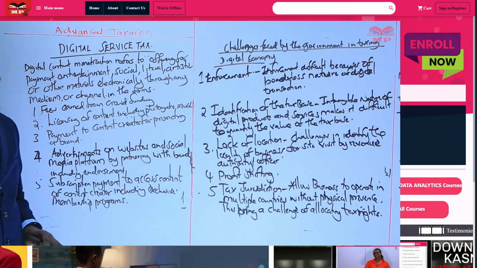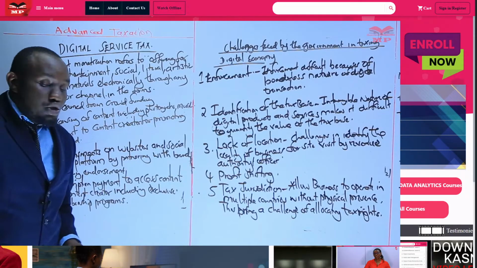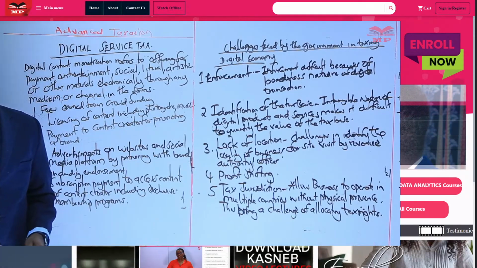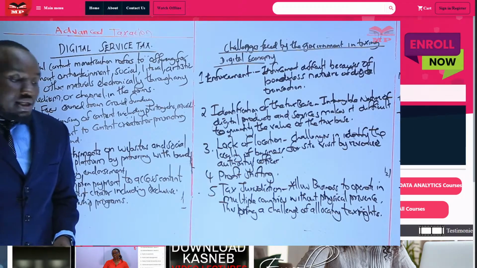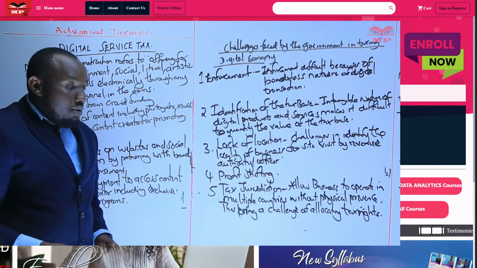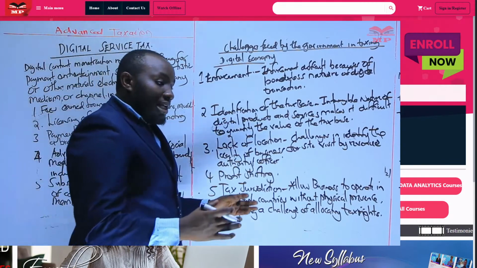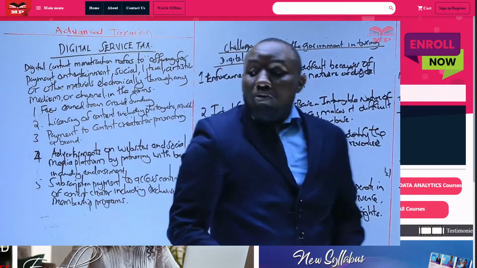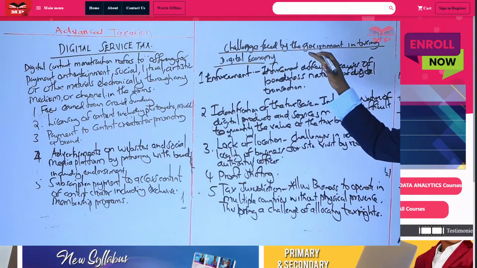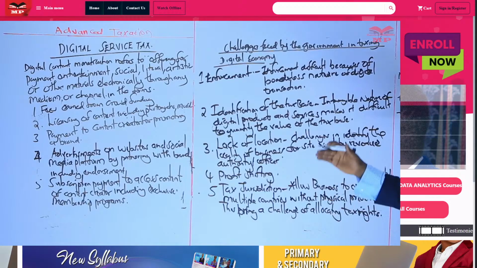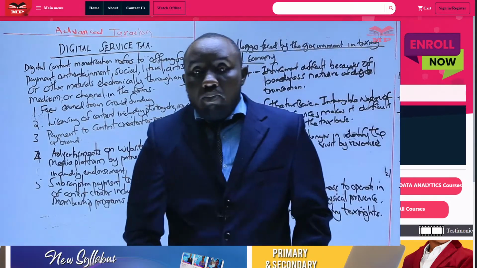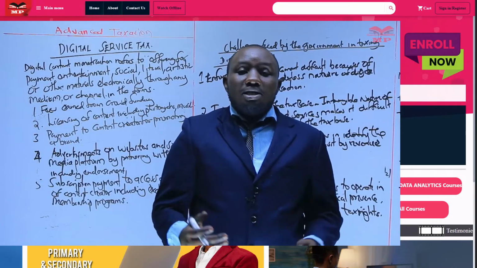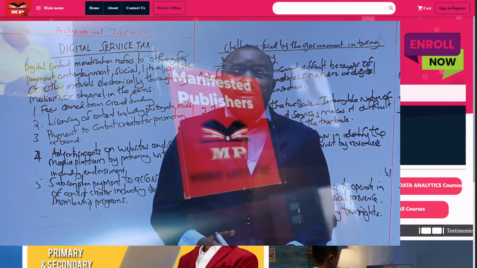So where are the tax rights? Which country does it go to? Those are some of the challenges brought by the digital economy. In as much as our quest is to have the digital economy, because it increases the tax base, these are some of the challenges that emanate from it. That is how we handle the digital taxes.